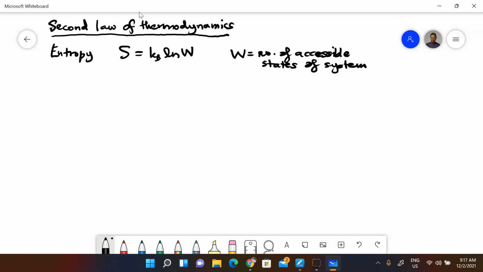But let's invert this formula, and we'll try to talk about W, which is the number of accessible states, but now written in terms of entropy. So in other words, given entropy, then one should be able to get the number of accessible states.